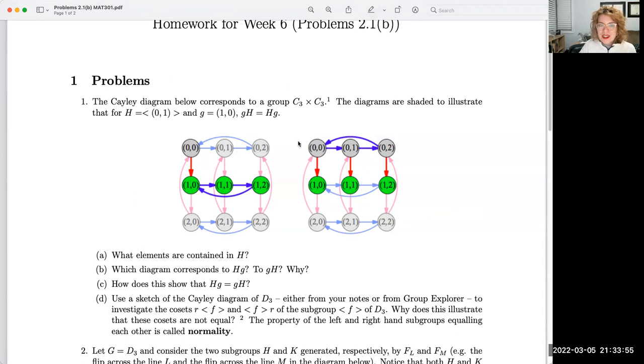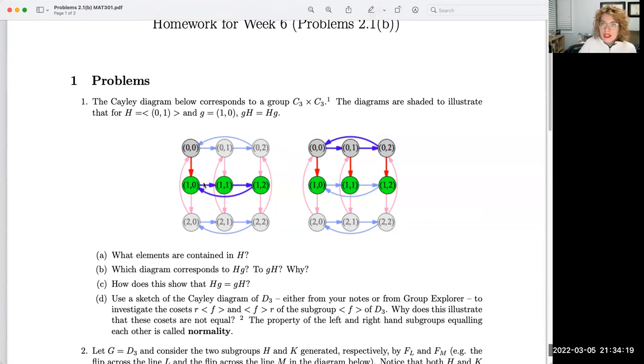Then that leaves the first diagram to correspond to little gh, and we get that because we start on the identity and then we follow the little g arrow. So that's telling us follow the little g arrow. And then we do all of the big H things. So the big H things, well, that's the subgroup generated by 0, 1.